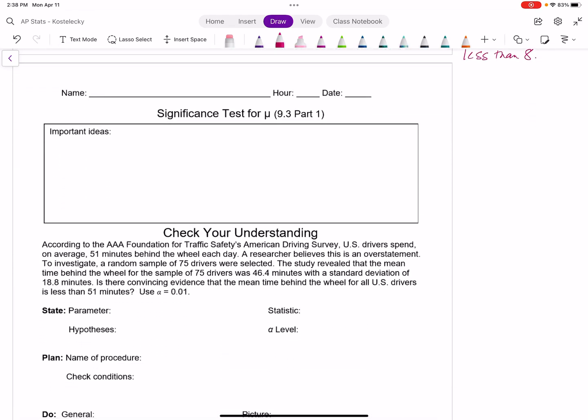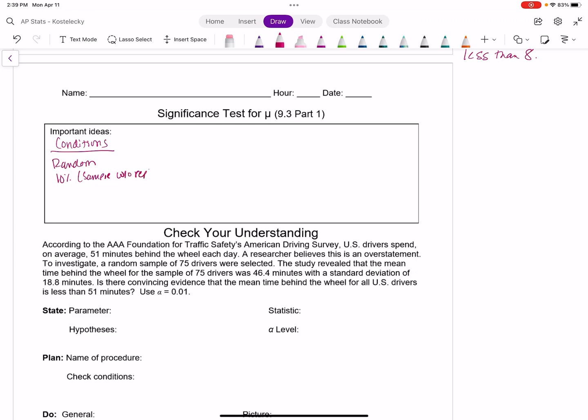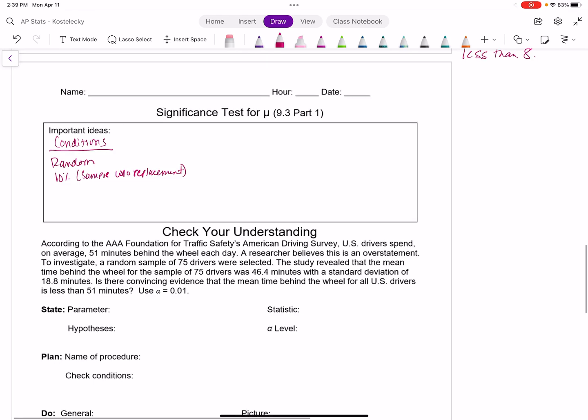So let's write these notes in. There's 2 sections. First one is conditions. We need to check random. We need to check 10% if we sample without replacement. We need to check approximately normal. And to check approximately normal, remember we have those 3 conditions with means.